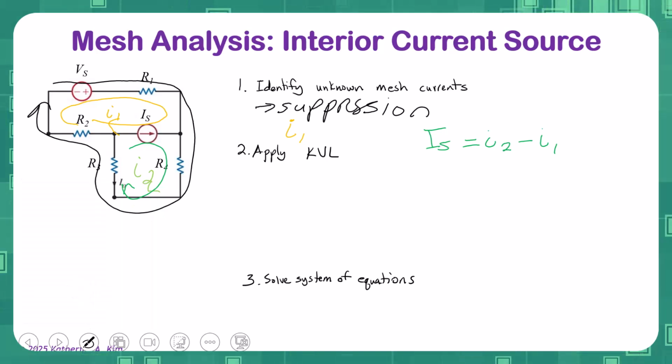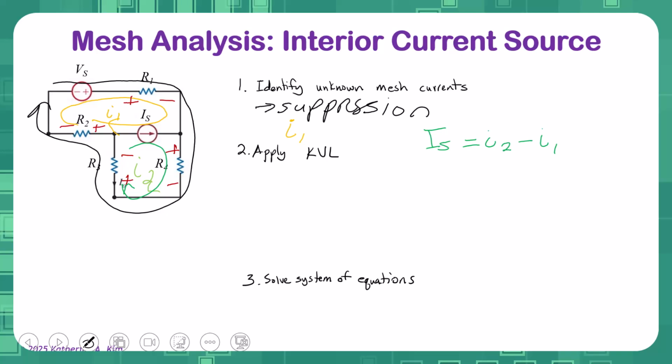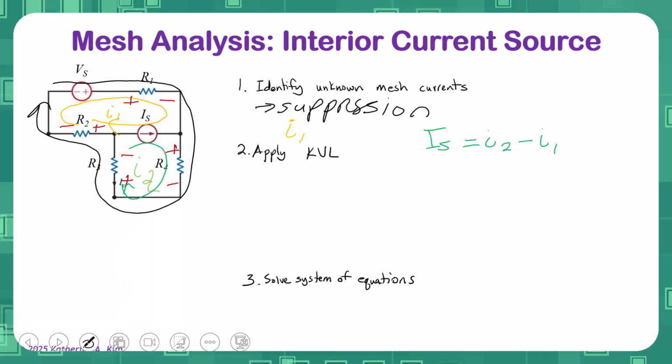Following the direction, positive, negative, and then positive, negative here. And let's also put in the positive negatives with the I2 direction. Okay, if we were to follow KVL around I1, we would have a little bit of a problem. Let's just write it down.